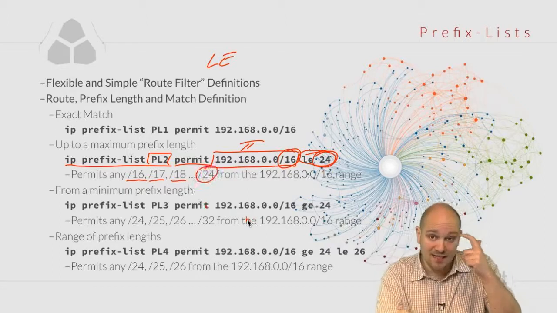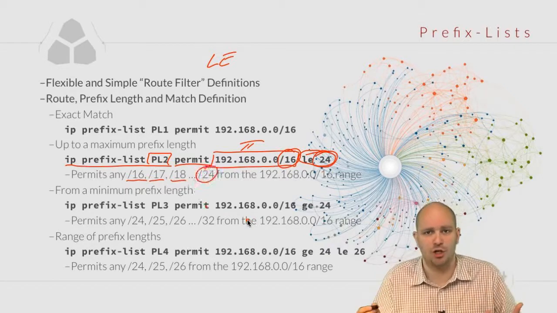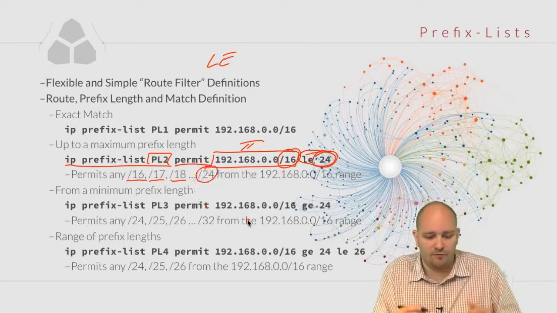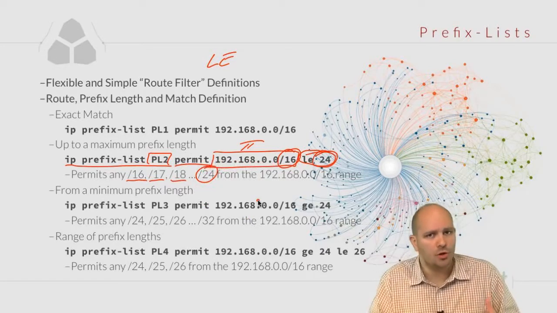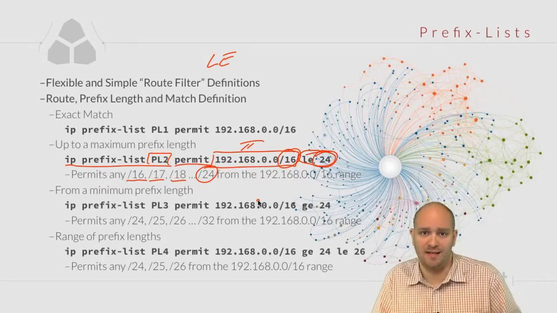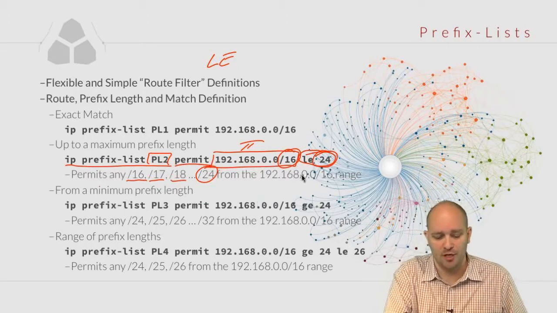But if we had, say, /25 prefixes or /30s or /15, for example, that began with 192.168.0.0, those prefixes would not be allowed by this rule here.